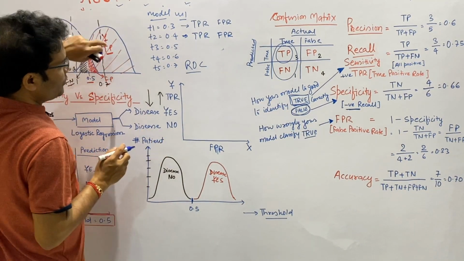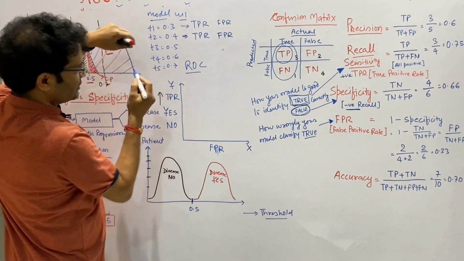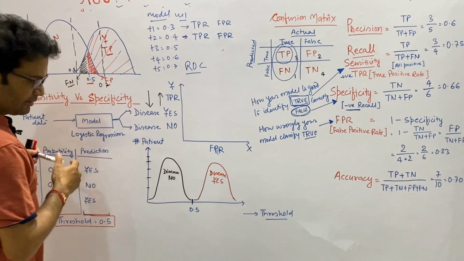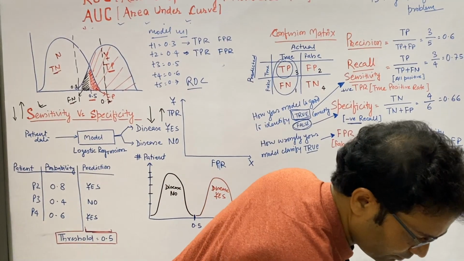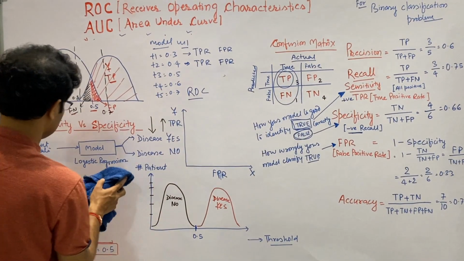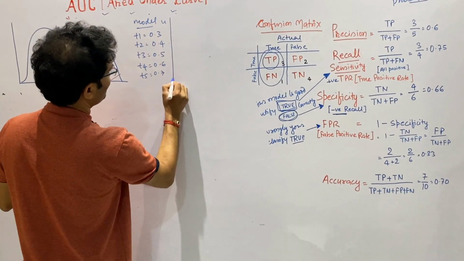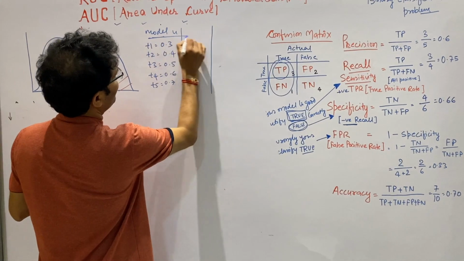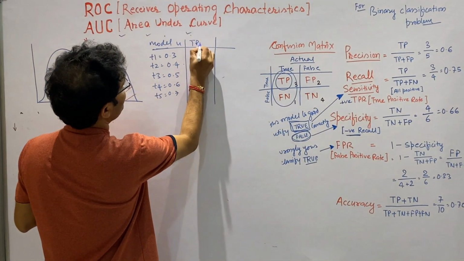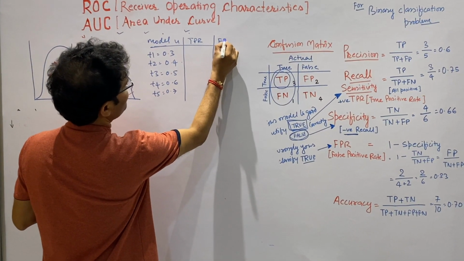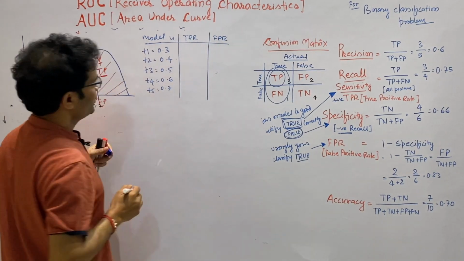Now suppose for T1, you make one table. This is called the true positive rate, and this is called the false positive rate.